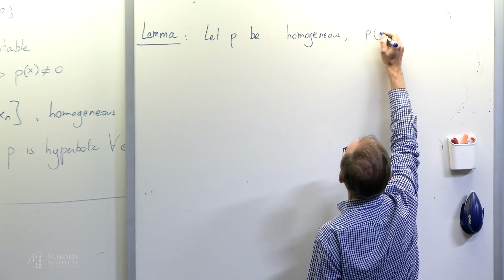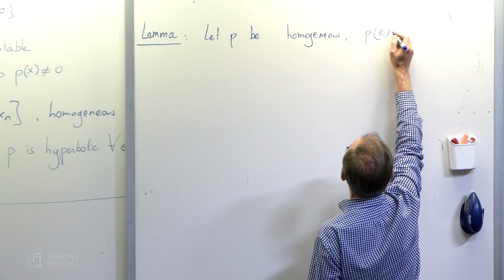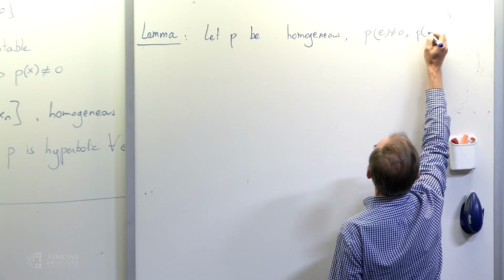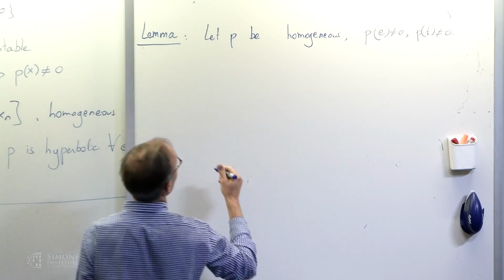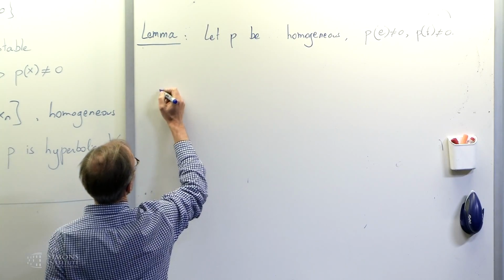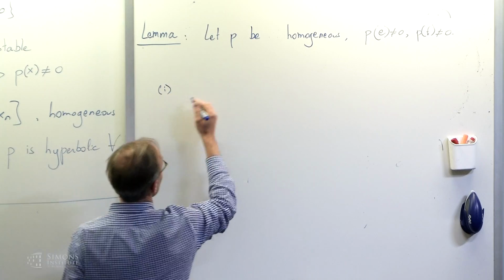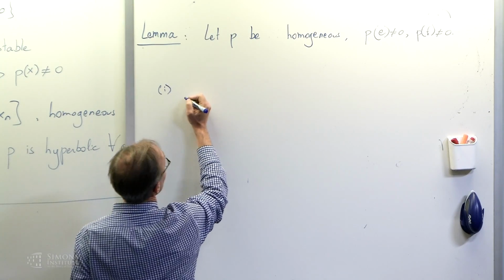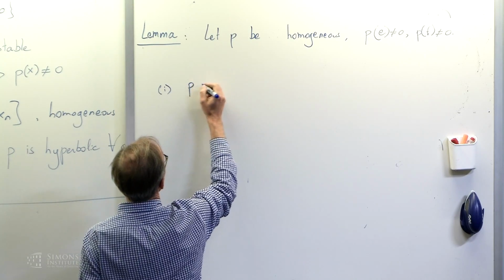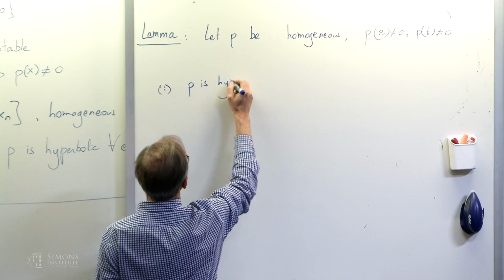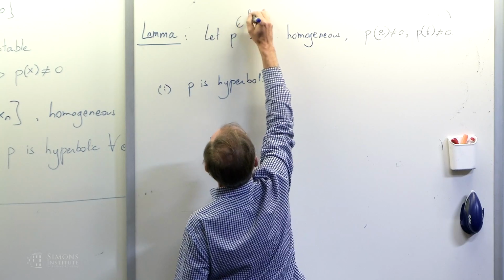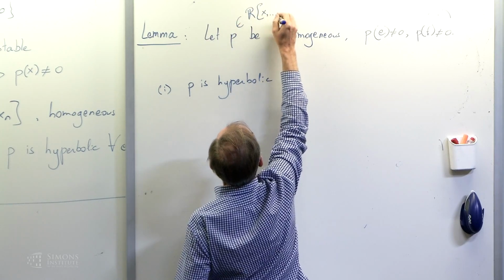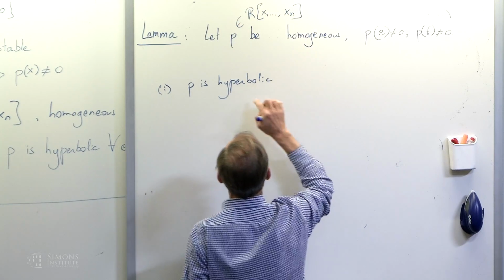And two vectors which are not roots. And now let me first assume that P is hyperbolic. So that's a real, of course, I mean, it's a real polynomial.